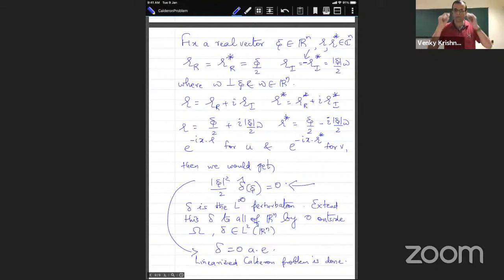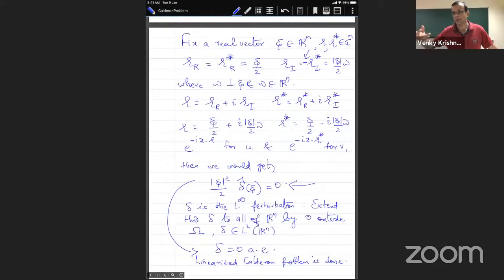Of course, you're only interested in delta small enough. If you start with 1, then your delta is actually small enough in the L infinity sense. So your delta is going to be quite small, but you still need well-posedness corresponding to 1 plus delta.